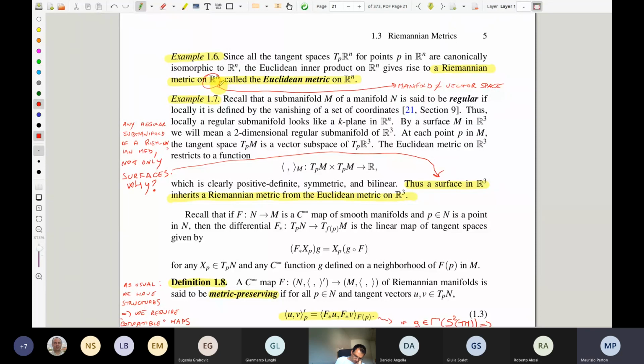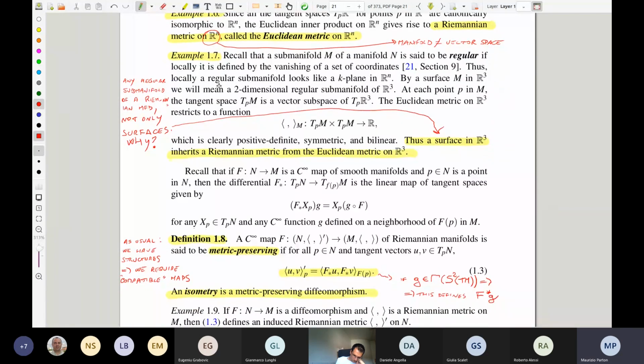Because in Rn, everything is obscured in some sense by the fact that Rn is too simple and everything is the same in every point. It is homogeneous from several points of view. Okay? So, with this new point of view in mind, let's go on.